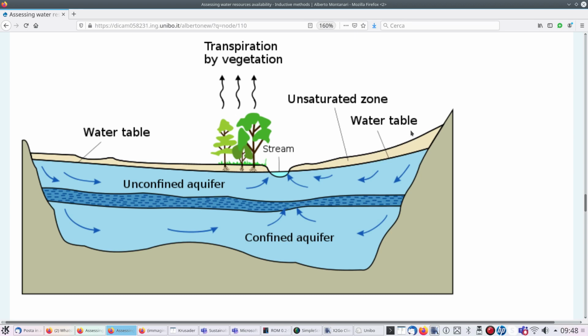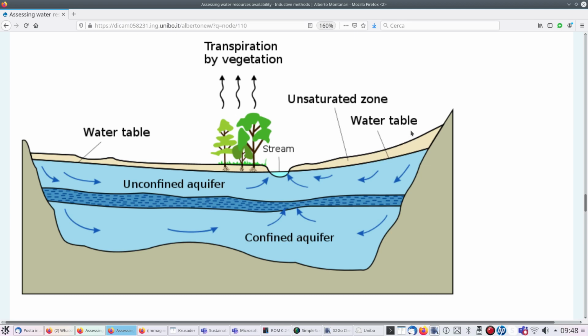Even if it's underground, the upper part of the aquifer is in contact with air that is getting into the soil, but still air, which means that the unconfined aquifer has a relative pressure of 0 in its upper part. It is atmospheric pressure. And therefore, if you want to get this water from the underground, we have to pump it because it doesn't spontaneously climb up to the soil terrain level.